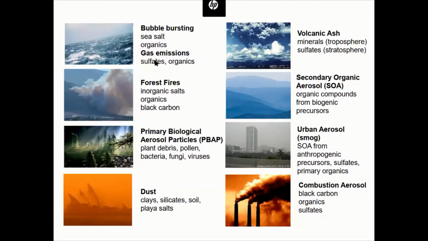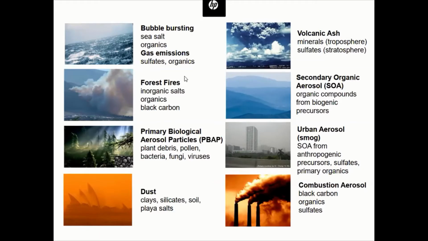The ocean also generates a lot of different types of gases. And forest fires, I know these days this is quite an important topic. We know that the wildfire over the West Coast is very severe right now. It generates a lot of particles and impacts human health, visibility, and also the local climate.